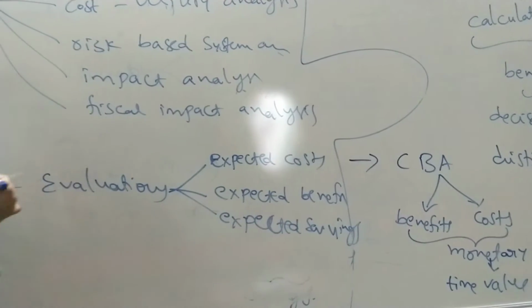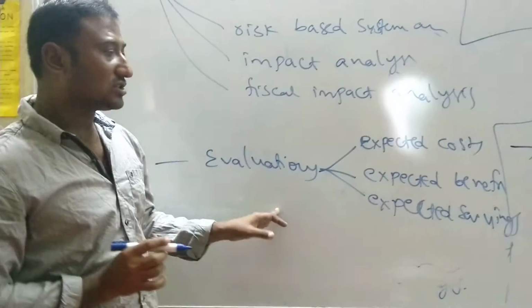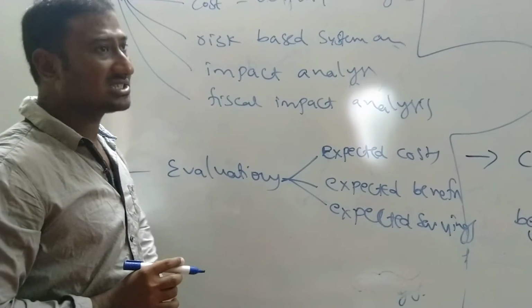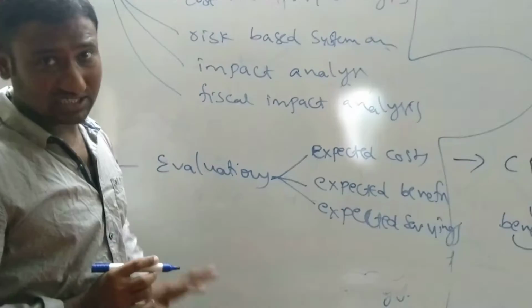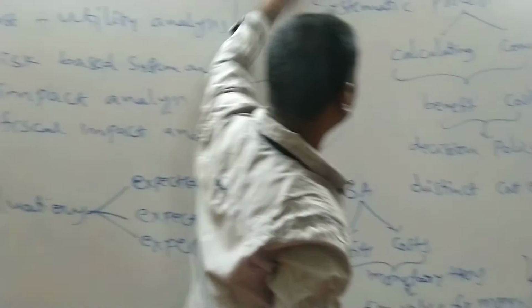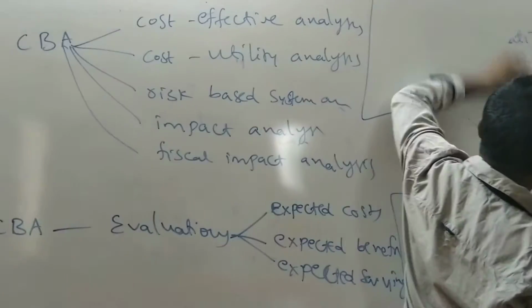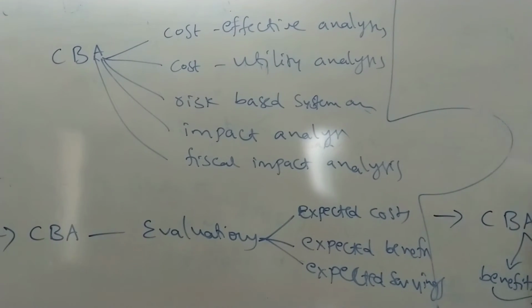This cost benefit analysis system is a cost effectiveness of the system. To describe the benefits and costs, it uses three different things.